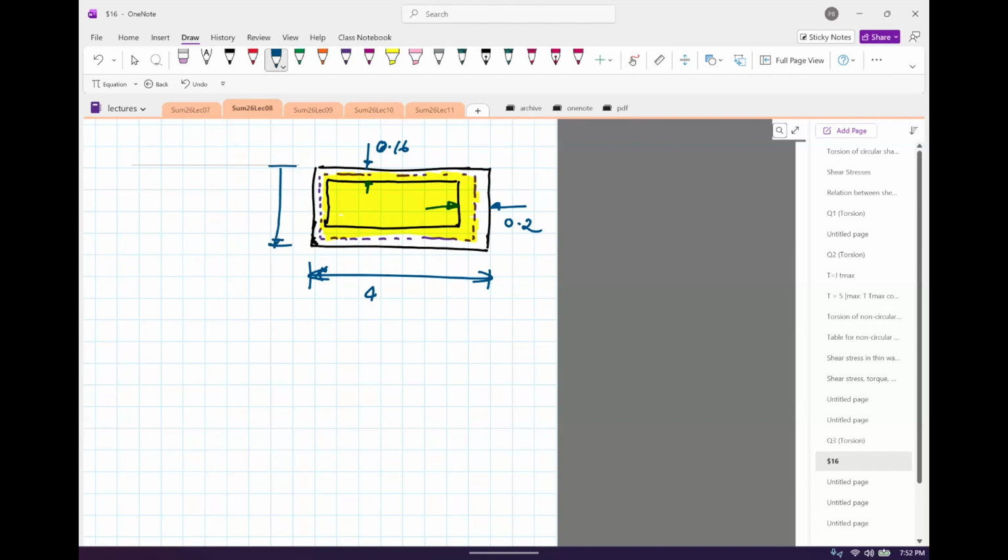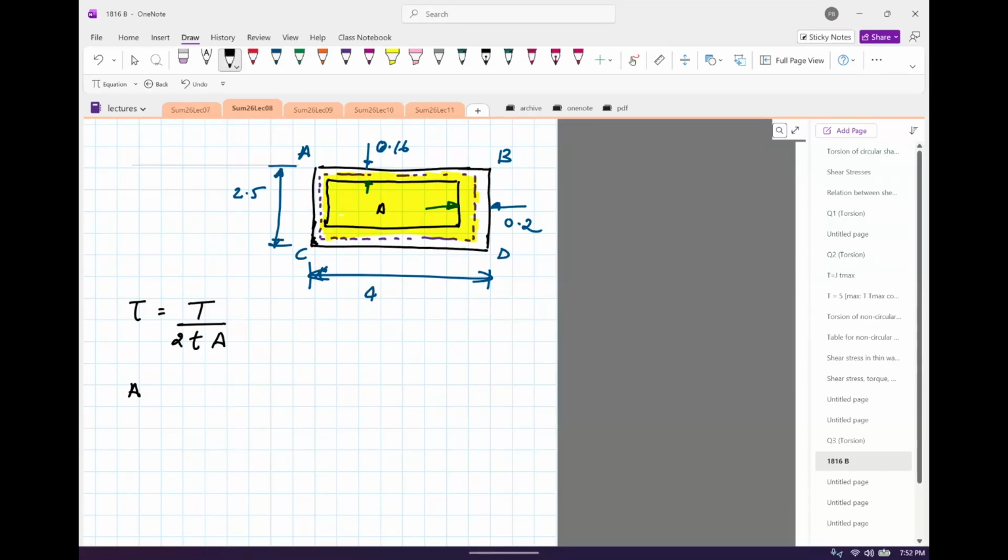That doesn't change. Let's put A, B, T, and C. So the formula is tau equals uppercase T divided by 2 times lowercase t times A. Let's compute what A is.